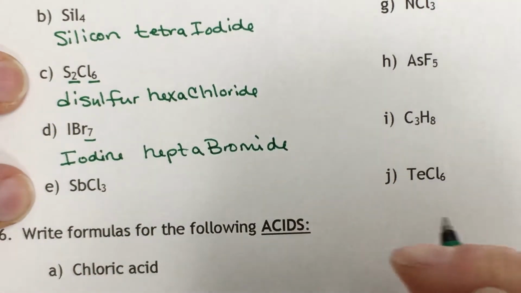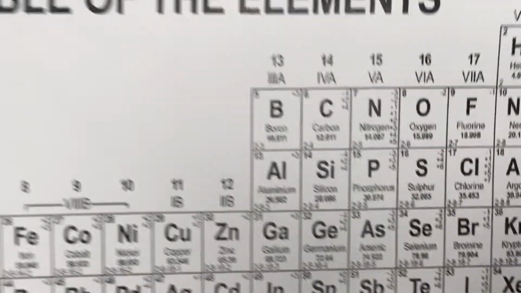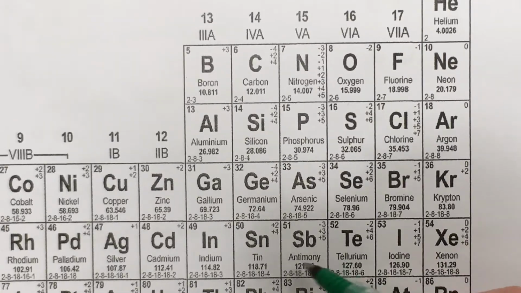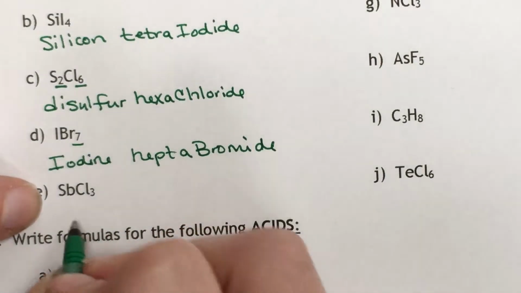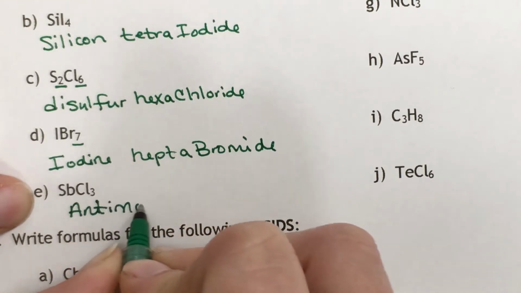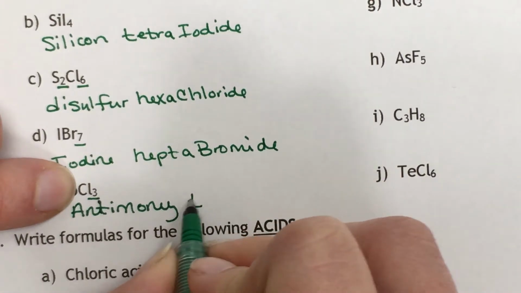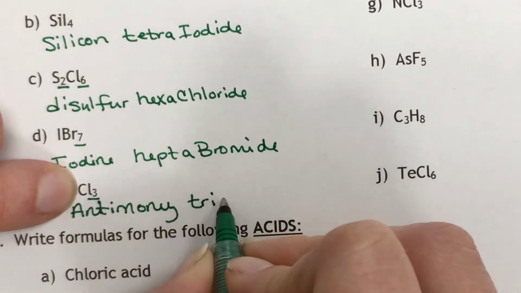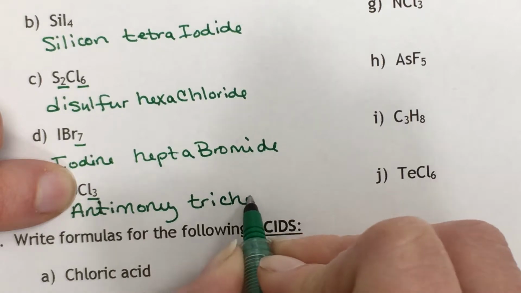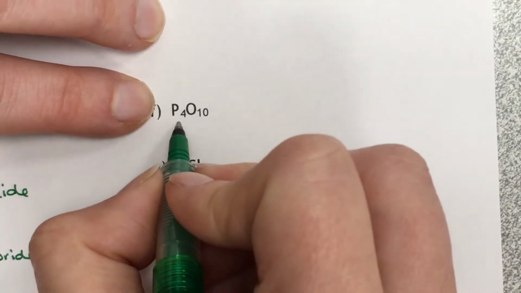Now we have antimony. This is the weird one that I always throw in on the test. Antimony is Sb. So you would just write antimony, and then tri is the prefix for 3, chlorine, but there's a suffix, chloride. Moving on, we have a prefix of 4 and a prefix of deca.